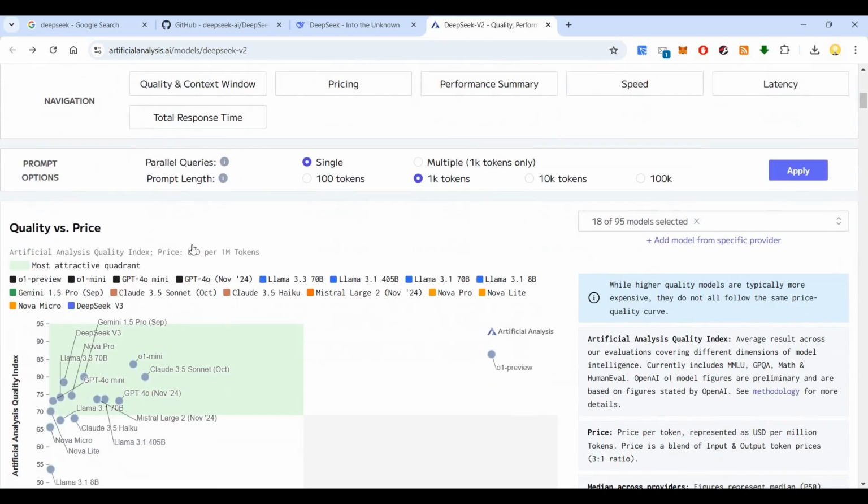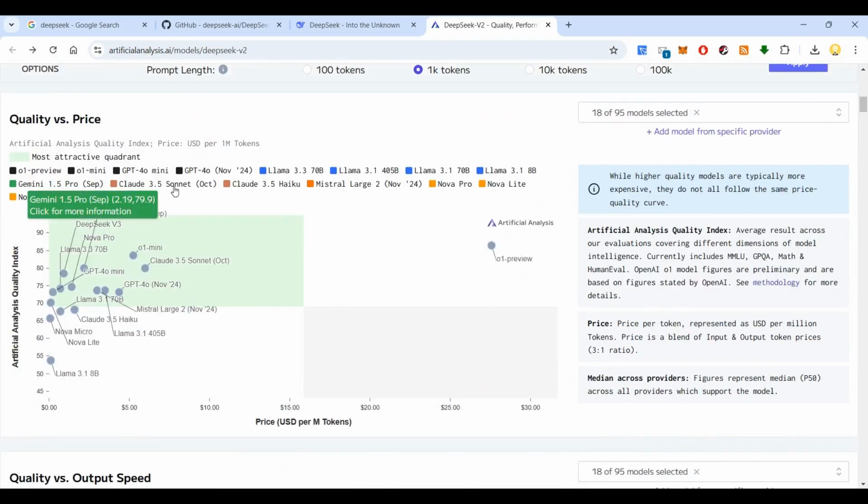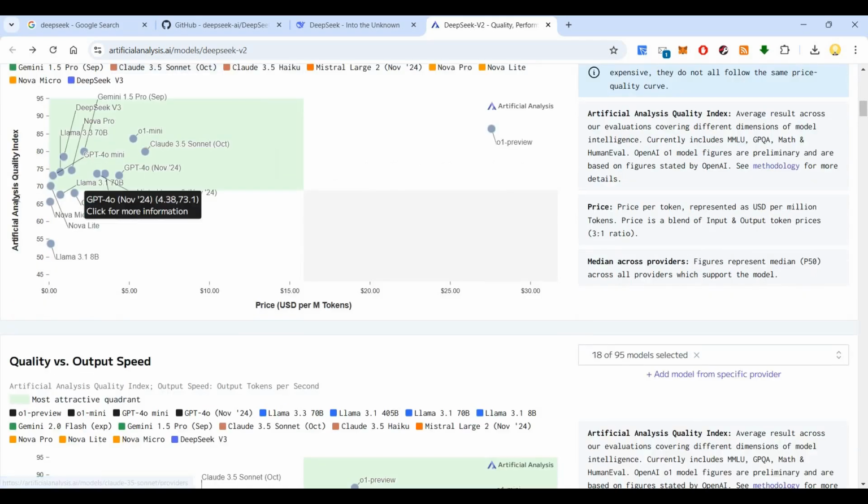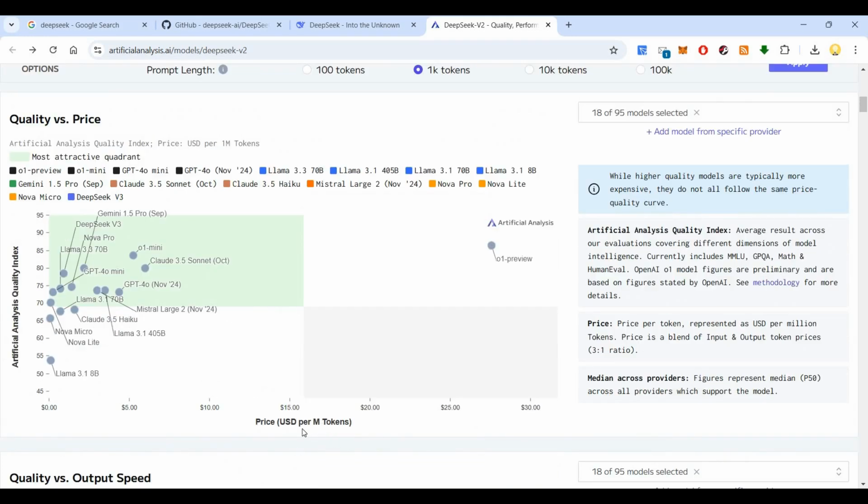Now quality versus price is important. They are looking at the Artificial Analysis quality index compared to price in USD per million tokens. Here DeepSeek's cost is less and the quality is also high.